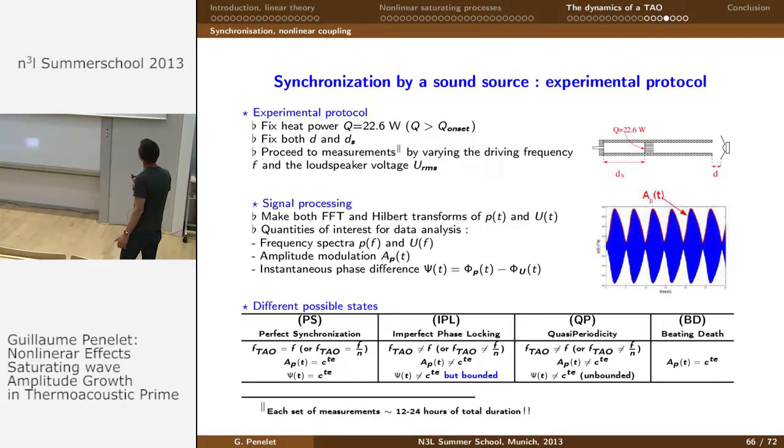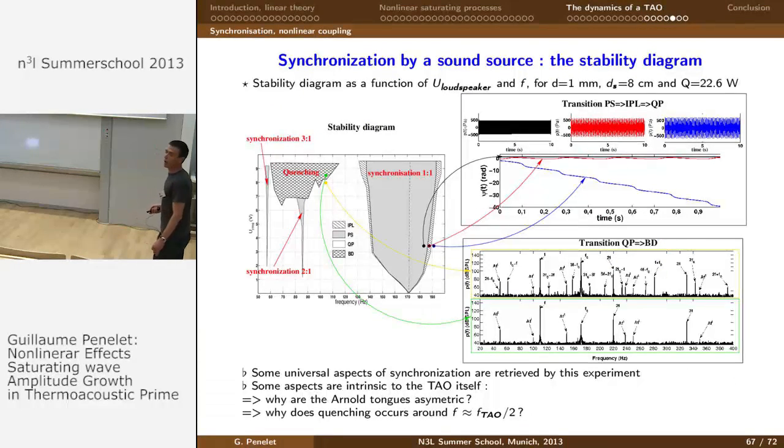The second one is imperfect synchronization, I mean imperfect phase locking. So the frequency of the loudspeaker is different from that of the thermoacoustic oscillator, but the instantaneous phase difference stays bounded. We have also the quasi-periodic regime, for which this phase difference is not bounded, and we can also observe quenching.